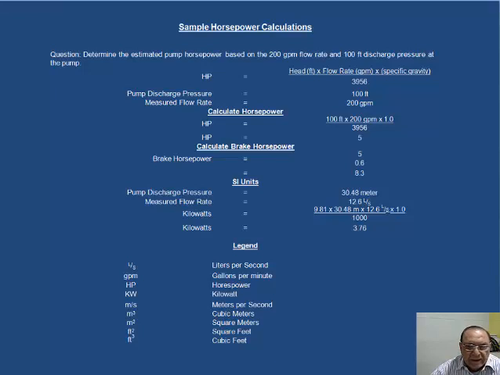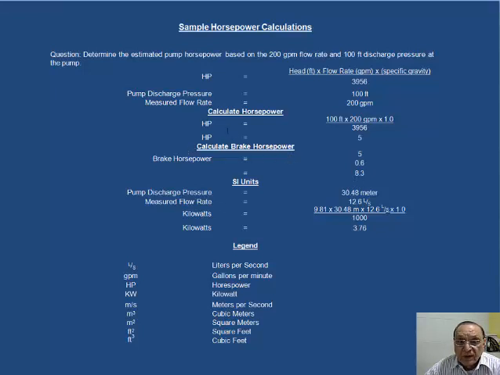This is the sample calculation which we have shown on this slide, what we had talked about, and this is explained over here. You can very well see here that adding the efficiency, we are getting this horsepower.